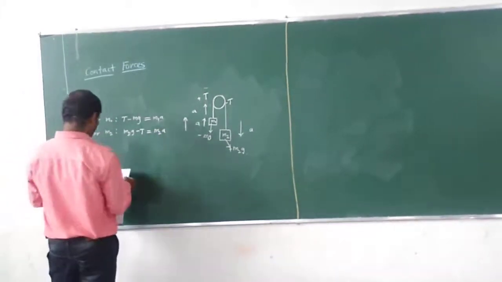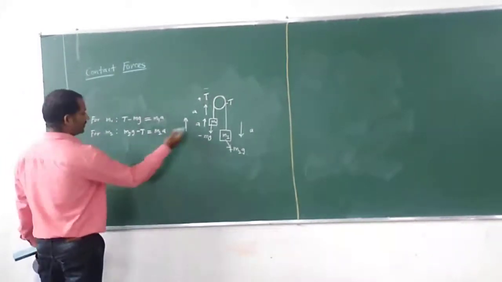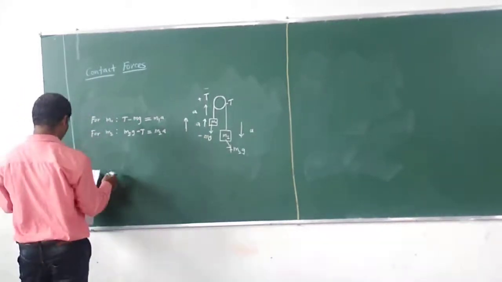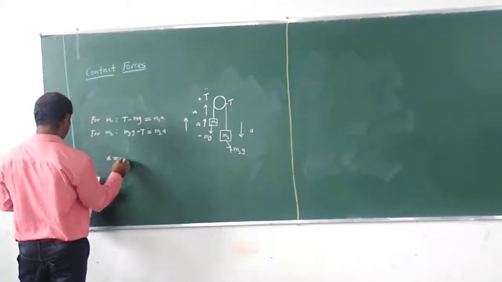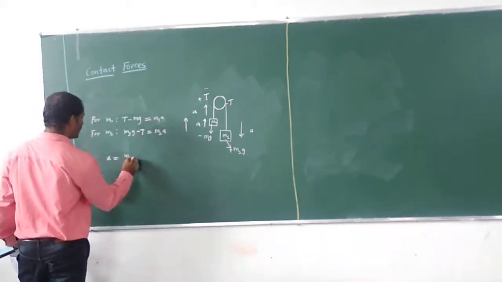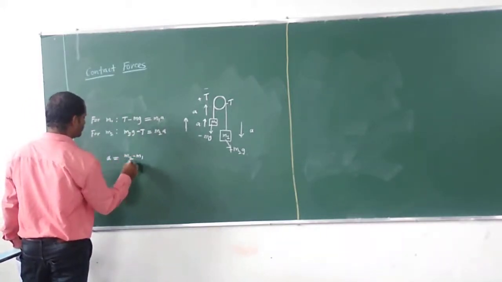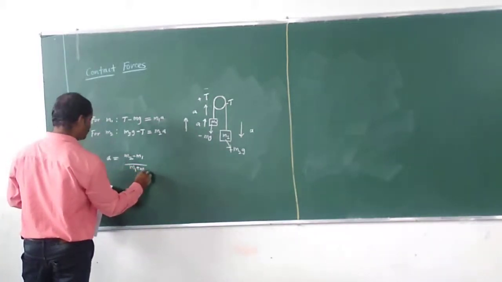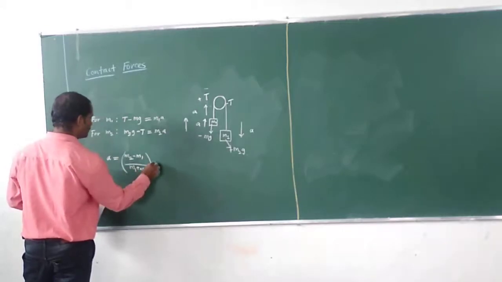ठीक आहे. याच्यानंतर acceleration of each bodies, तर याचा acceleration वेगळा असणार आहे. Acceleration a is equal to (m2 minus m1) divided by (m1 plus m2) multiplied by g.